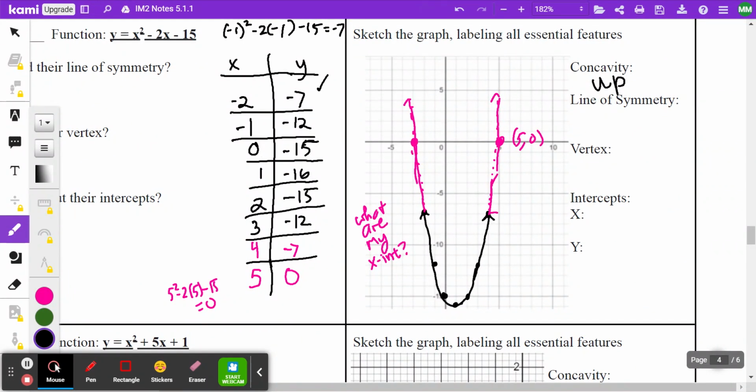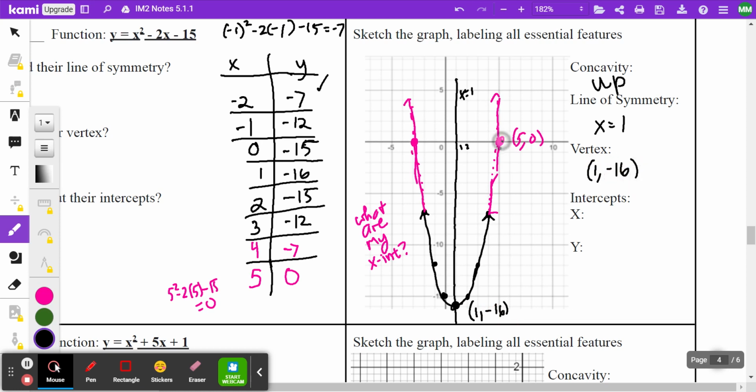Line of symmetry is at, what is this? X equals 1. Is that 1 over? Yeah, so the line of symmetry is x equals 1. The vertex is at 1, -16.